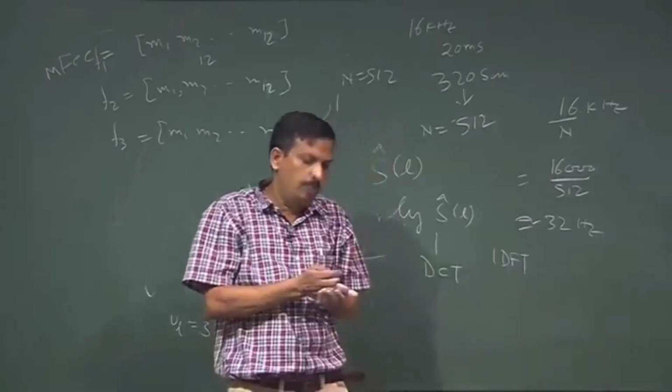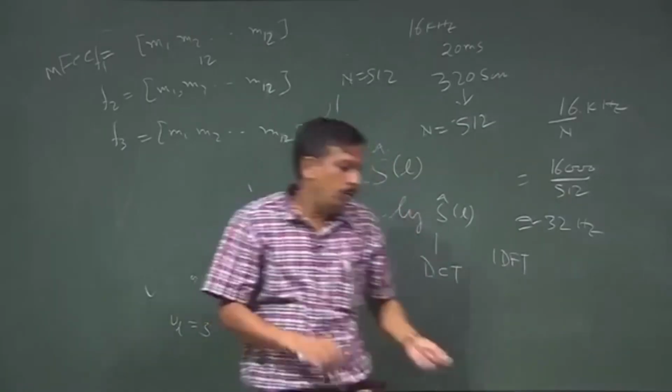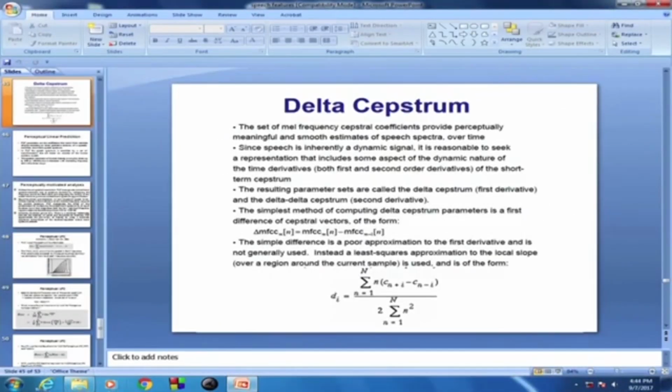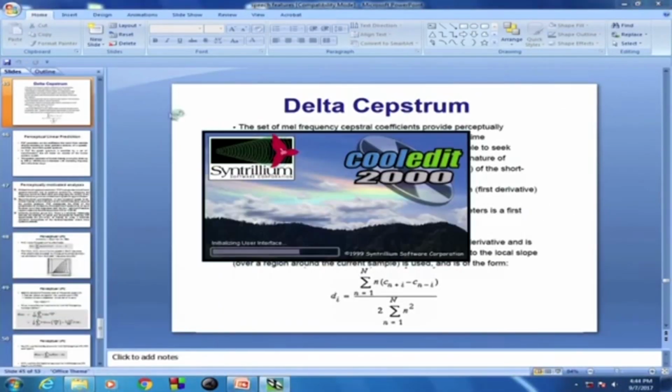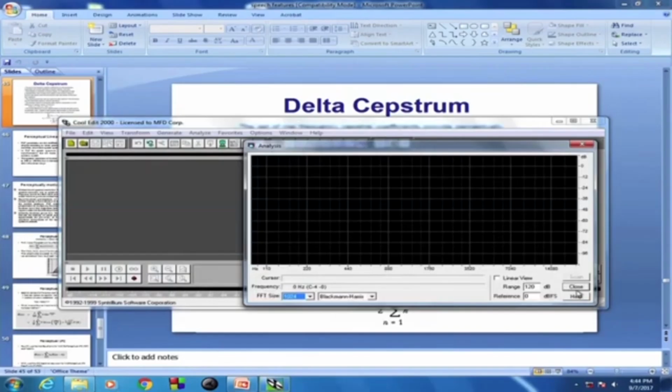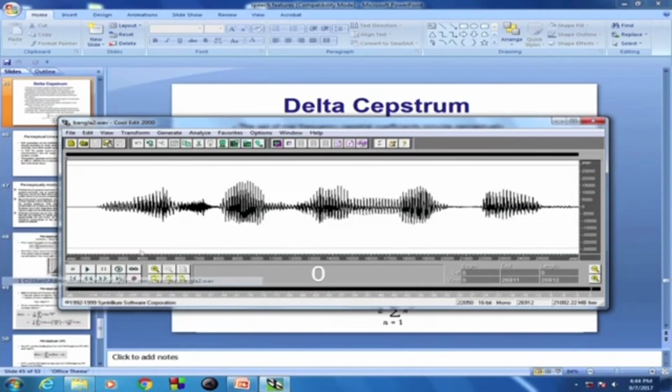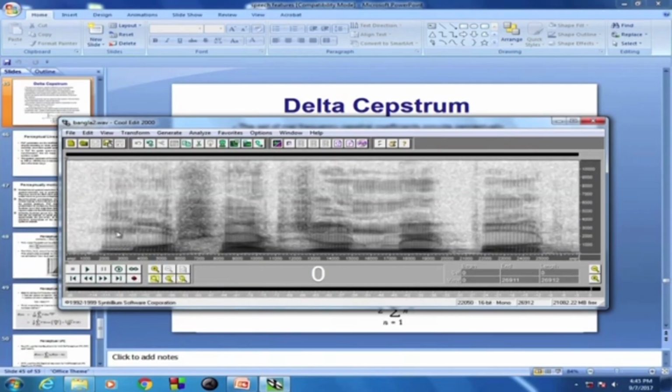Now, if you look at the spectrogram of this signal, look at this cursor, this is the second formant.